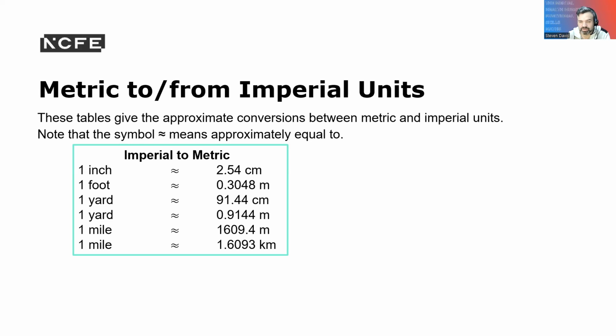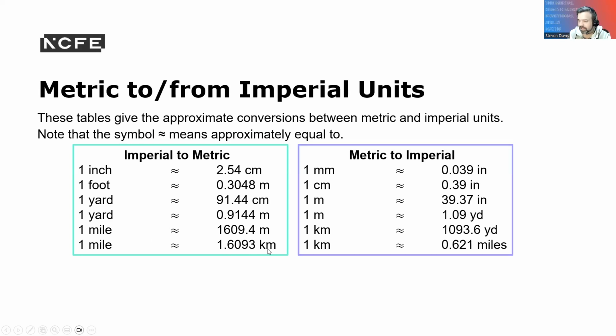And then a mile is roughly 1.6093 kilometers. And then there's your conversion from metric to imperial, just so you've got a rough idea.